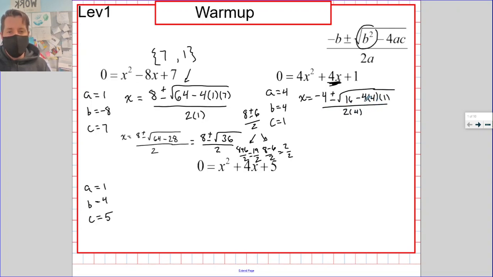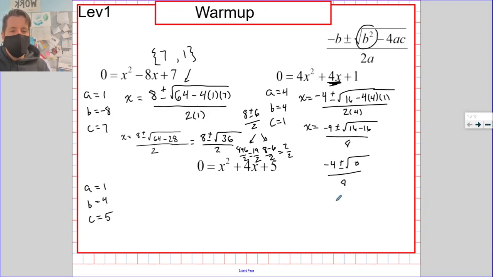Now this is interesting because 4 times 4 times 1 is 16. So this simplifies down to 16 minus 16, which is the square root of 0.